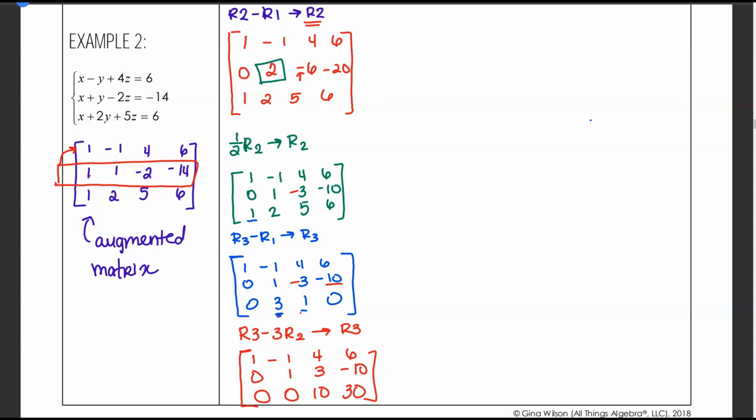All right, so now what I want to do is get rid of that 10. So this means that I'm going to take 1/10 of row 3, and we're going to have that change be reflected on row 3.